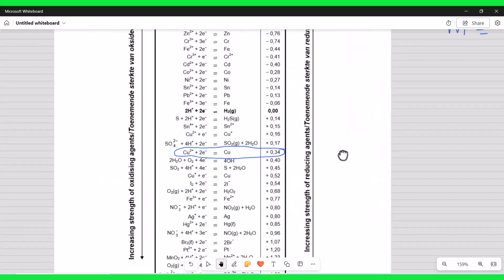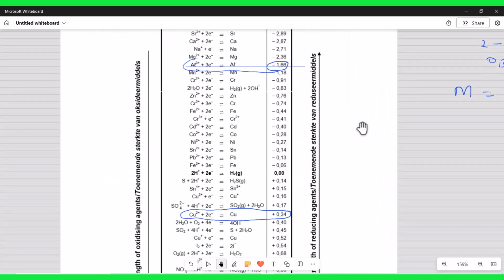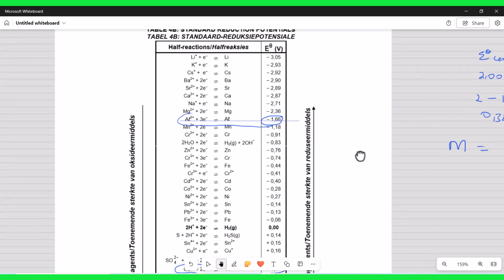Now if you look at aluminum and magnesium, let's check it here. Aluminum, where are you? Here we have magnesium just on top here. This is magnesium here, okay. Now the magnesium, this one here, is on top. This one is aluminum, which is just below here. So now the one which is more reducing forms the anode.